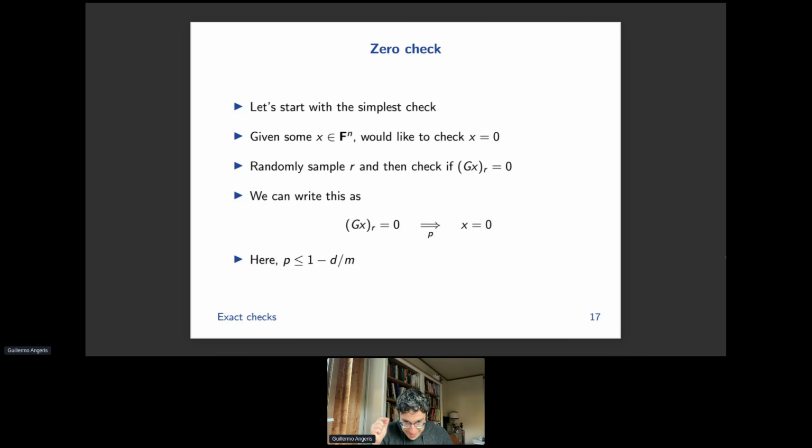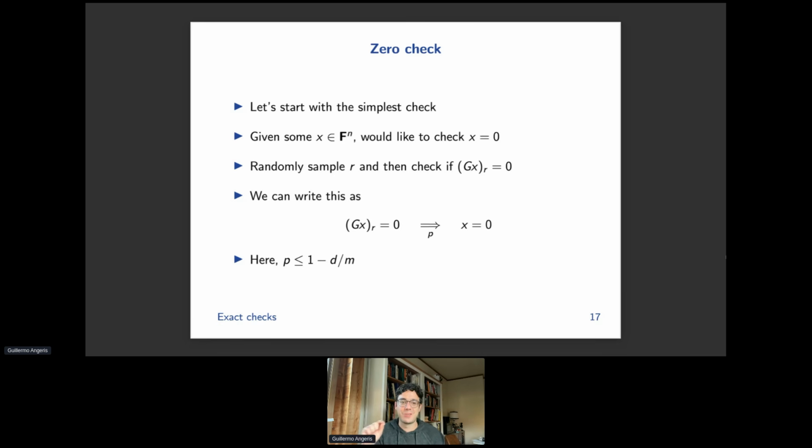And it seems super obvious, but it's kind of crazy that just doing that is enough to guarantee that the entire vector is 0 with high probability, right? We have reduced checking that an entire, potentially very long vector is equal to 0 to simply checking that a single scalar is equal to 0, using the notion of randomness.